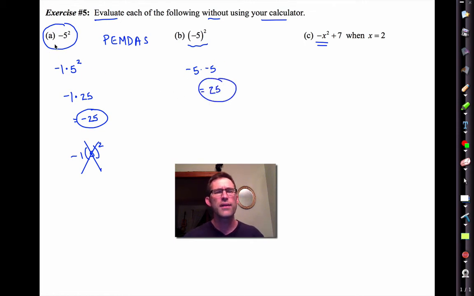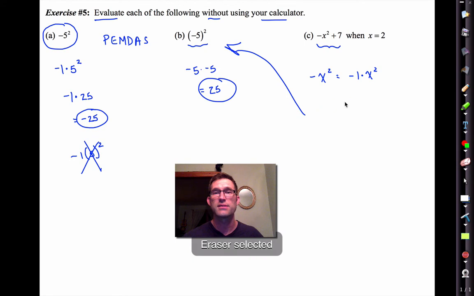So what I'm trying to get at in this problem is that you need to be able to tell the difference between these two. Now, the good news is that mostly you need to tell the difference when it comes up in a context like this. And in most cases, when people see something like this, they interpret it correctly, right? Which is they interpret it as negative 1 times x squared and not, hey, take x, negate it, and then square it, right? That's this situation over here.